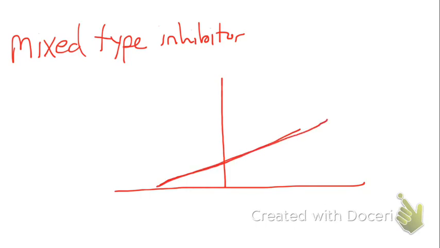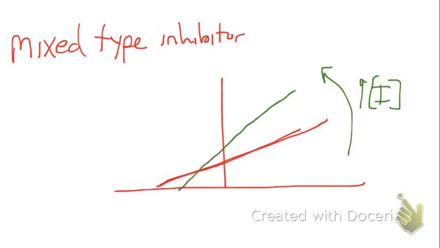Again, the red line is the normal. We're going to increase the inhibitor, and the lines cross outside of either the Km or the Vmax.